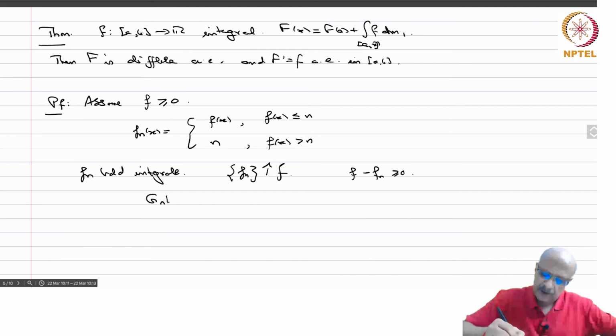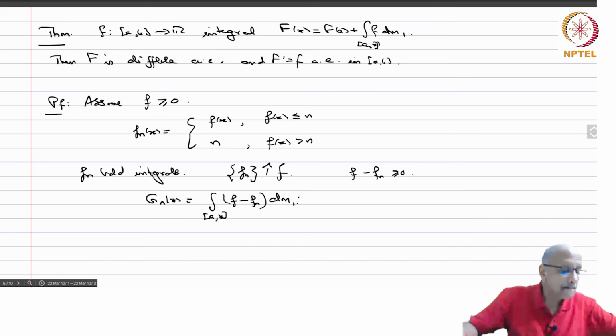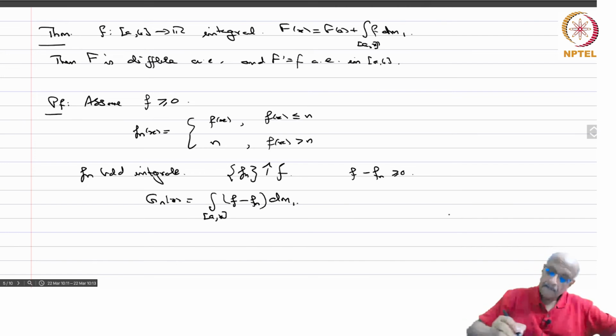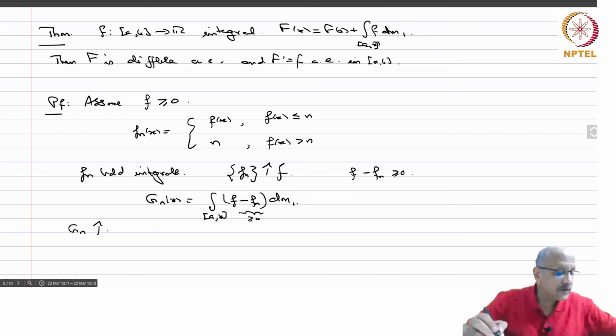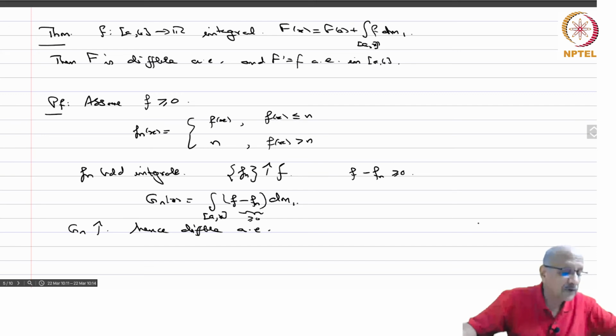Now you define g_n of x equal to the integral from a to x of (f minus f_n) dm1. So this is a non-negative function, so g_n is monotonic increasing, and hence differentiable almost everywhere because it's a monotonic function. We don't worry about this.